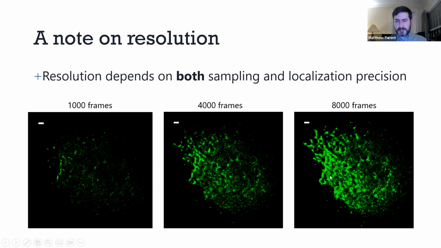So the resolution of the image on the right is much better than the resolution of the image on the left, even though possibly the localization precision of the left one might be better. There simply aren't enough molecules to be able to resolve the structure that I'm interested in. That seems simple, but a lot of people make these sort of mistakes. It depends both on sampling and on localization precision.